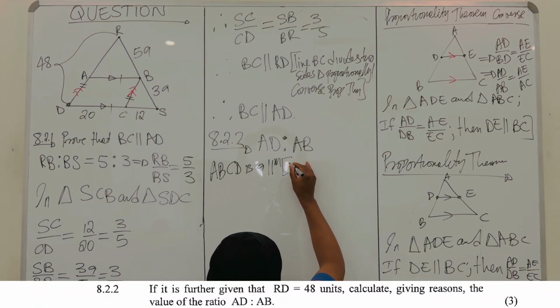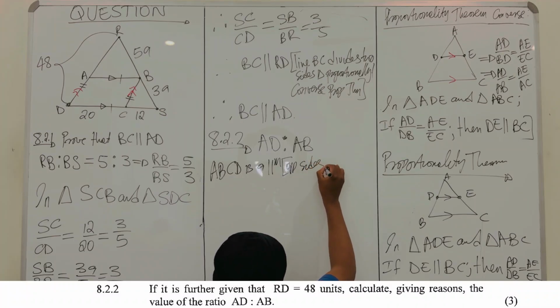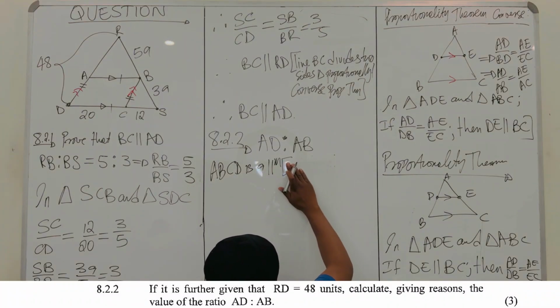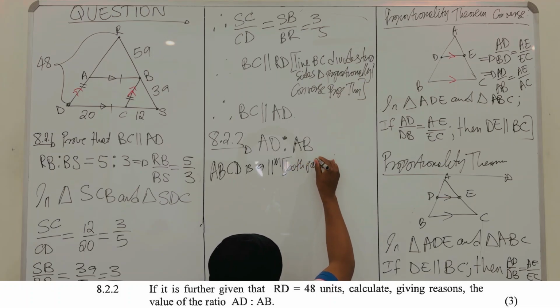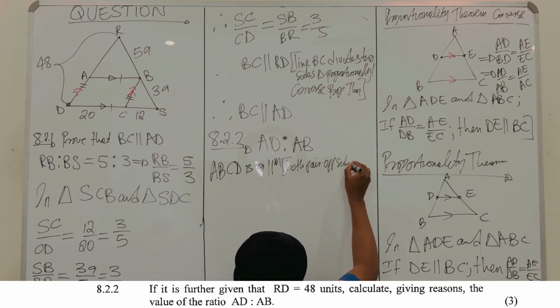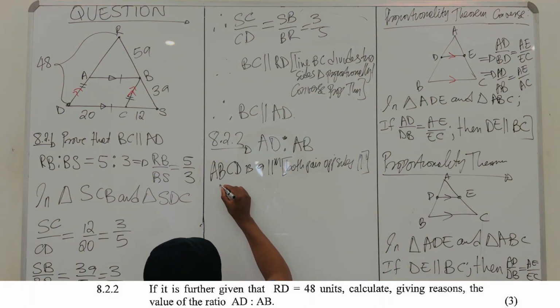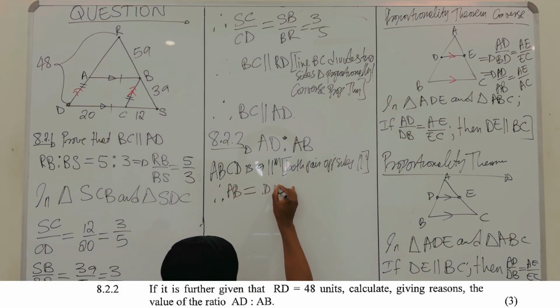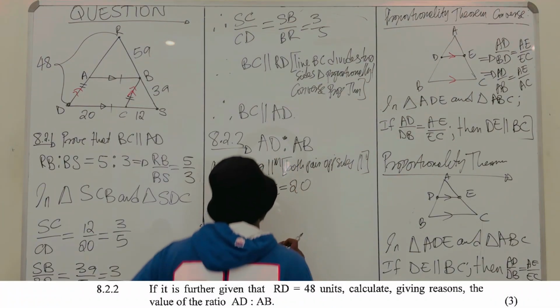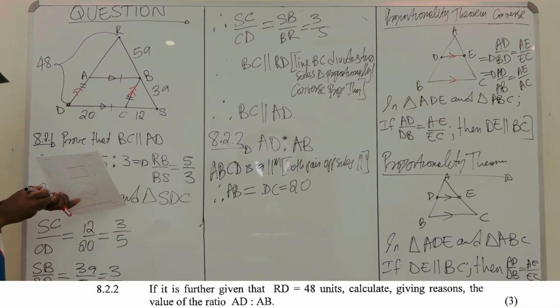We can say this because both pairs of opposite sides are parallel. That's why we're calling it a parallelogram. So in that case, we can say therefore AB is equal to DC, and they're both equal to 20 units. So we know that AB is 20. Let's go and find AD. Where is AD? AD is this length over here.